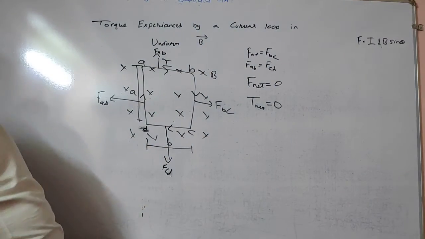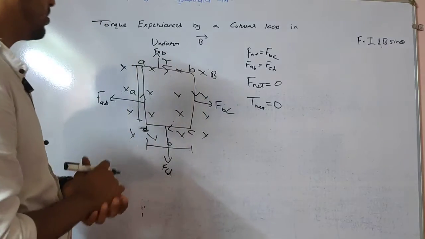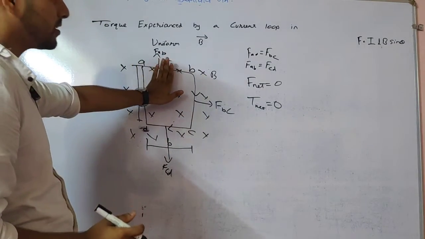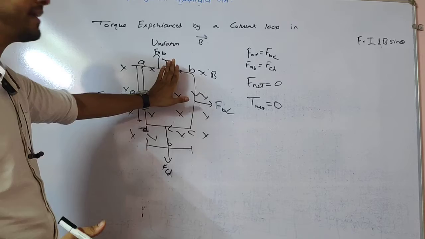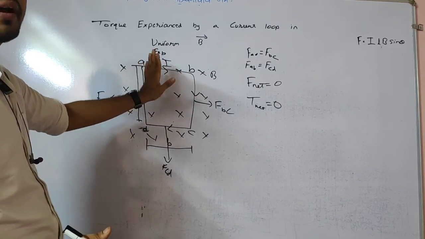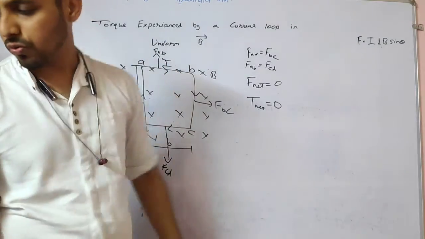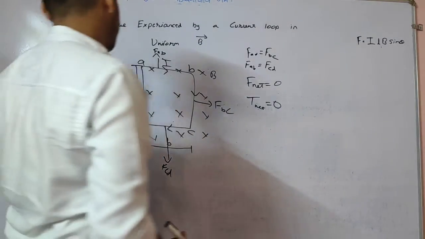Now, as the torque is 0 here, what we will do is rotate this system by a small angle. We'll rotate the loop by a small angle. For that I'll draw it once again.